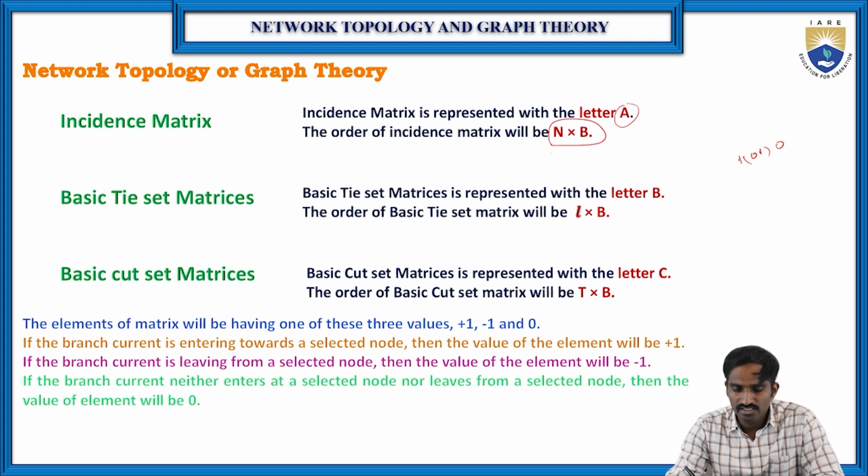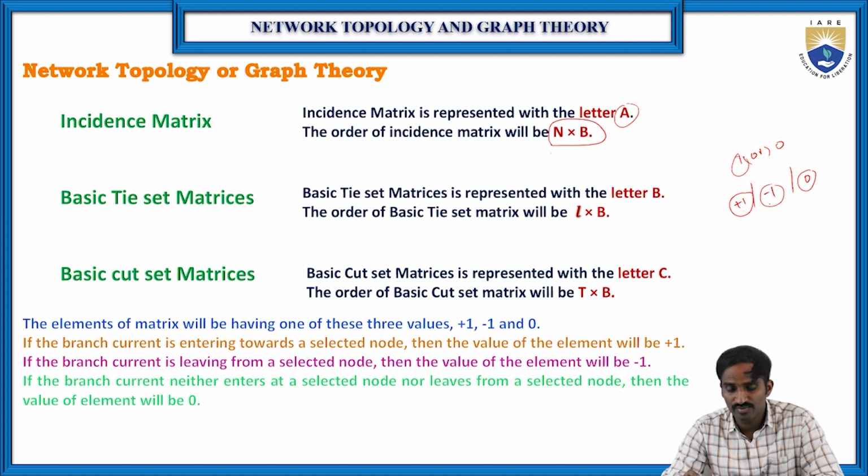And again this 1 can be +1 or -1, or 0. So when can we consider the element as +1, when as -1, and what is the condition to consider the particular element as 0? The plus and minus is based on the direction of the current from that particular node, which means if the direction of the current is towards the node, then we should consider that element of the matrix as +1.